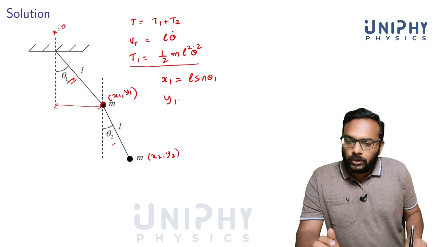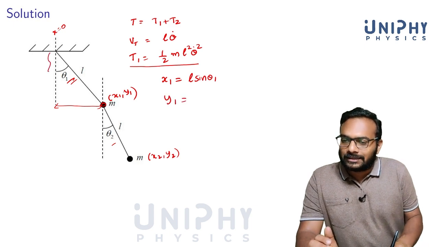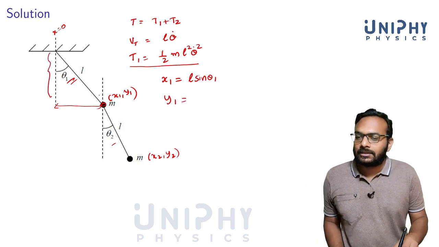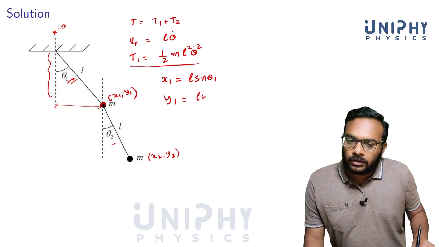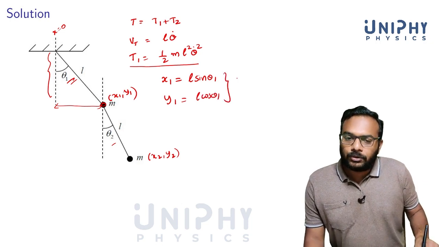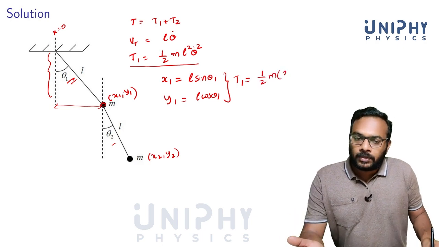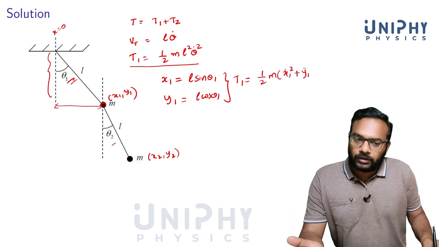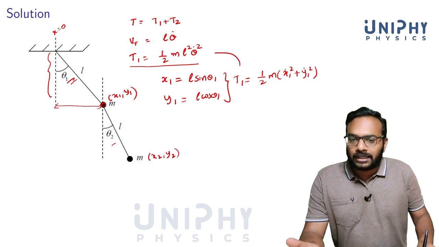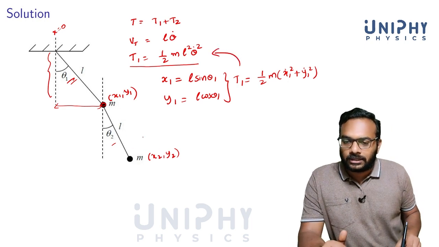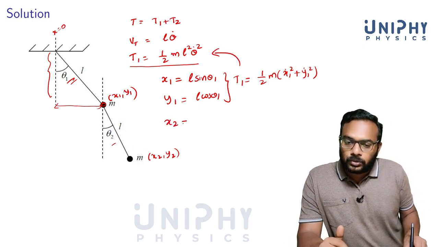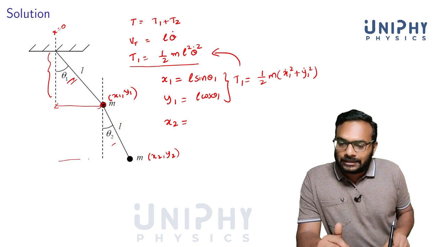And y1, what's y1? y1 is this length. Am I right? So that is equal to L cos theta 1. Now you could easily find T1 also using half m times x1 dot square plus y1 dot square, and you'll get back this equation. No problem there. What about x2? x2, as I said, is this length.